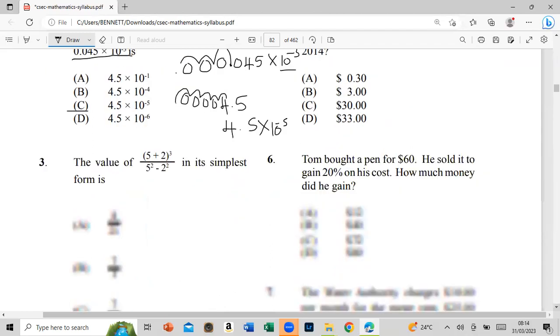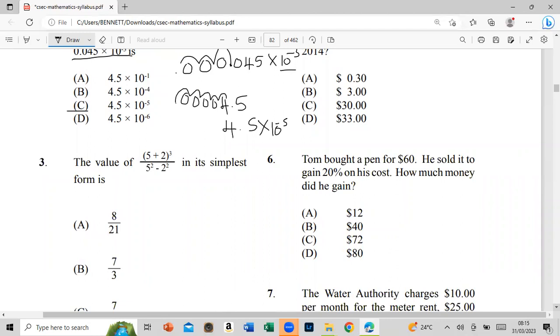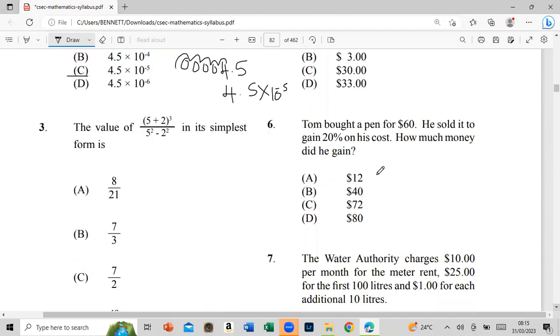Number 3 says the value of (5 plus 2) cubed divided by 5 squared minus 2 squared in its simplest form is. Alright, let's work out the top. So we have 5 plus 2, that's 7, so that's 7 raised to the third power. Then the bottom: 25 minus 4.